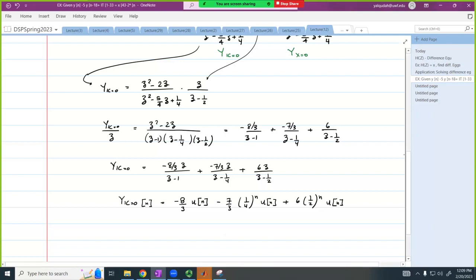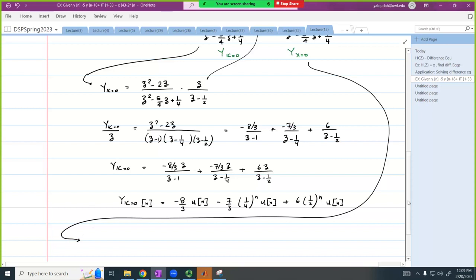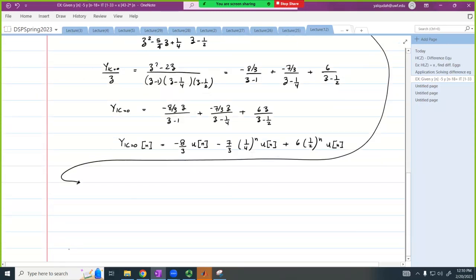The second component that I have to calculate of the output is the output that is due to initial conditions. So we call this y, x equal to 0, of z. When x equal to 0, it means it's the output due to initial conditions.